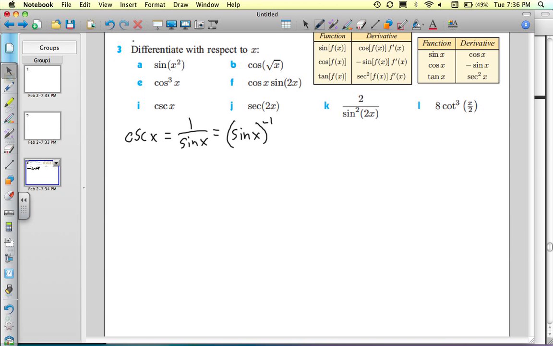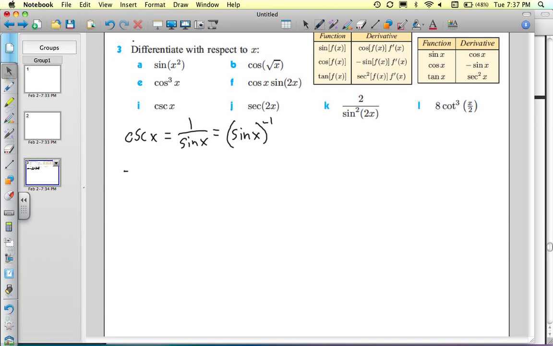Once you get it into that form, sine x raised to the negative 1 power, it becomes something you can easily differentiate based on the information you've been given. The derivative of cosecant would be the derivative of sine x raised to the negative 1, and we use the chain rule.